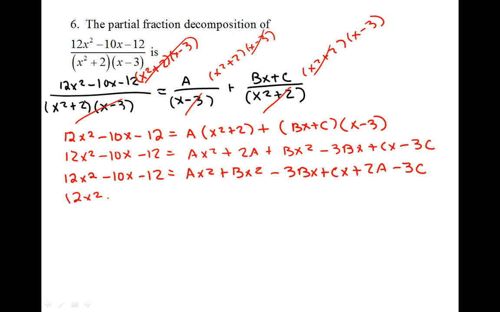12x squared minus 10x minus 12 equals A plus B times x squared. Factor out your x squared. And then we're going to have plus C minus 3B times x, plus 2A minus 3C.